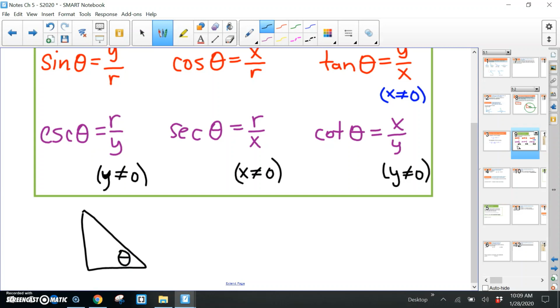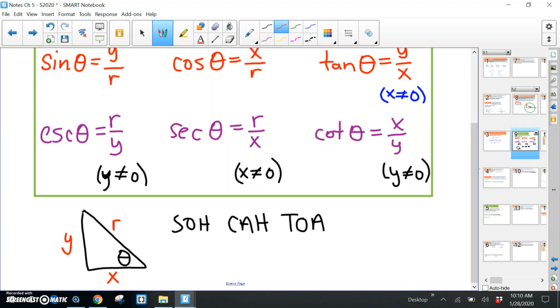But at the end of the day, what we're trying to do is establish relationships between the angle and the sides of the triangle. So, in general, you've got a triangle that looks something like this.